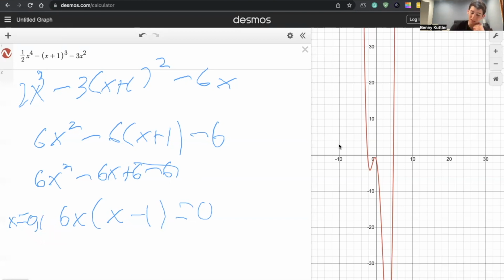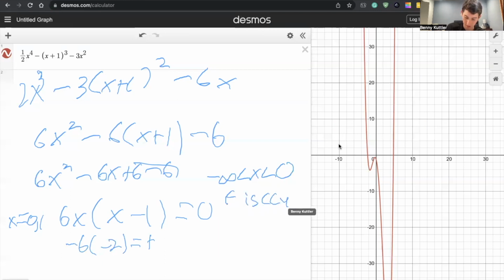So if we plug in something less than 0, let's say -1, then we have -6 times -2, which is a positive number. It's 12. We don't care that it's 12. We just care that it's positive. And it doesn't change direction at any point before that. So we know that when x is between -infinity and 0, f is concave up because the second derivative is positive.